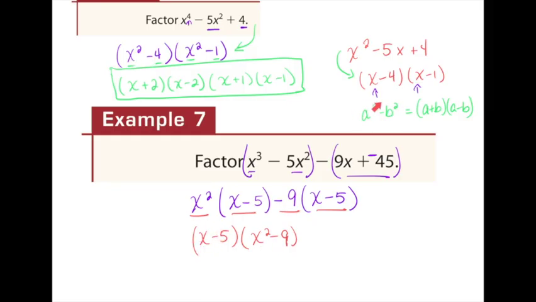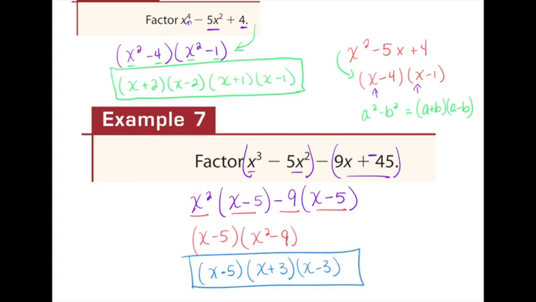We have 2 perfect squares that are being subtracted. So I can keep going with this one. I am not done. The x minus 5 is as small as it can get. But for this next one, I can break it down into x plus my square root of 3 and x minus that square root of 3. And that is as small as I can factor that particular one.